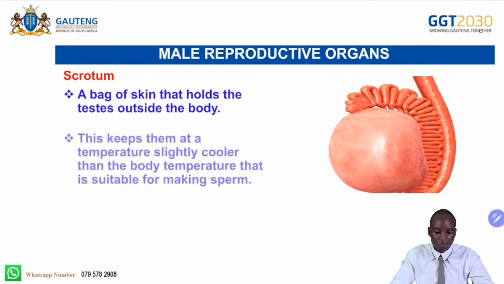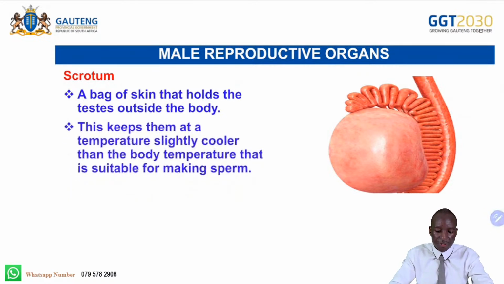Okay. Also, it keeps them at a temperature slightly cooler than the body temperature that is suitable for making sperm. Remember, we said that the testes are responsible for producing sperm, and production of sperm requires a temperature which is much lower than the body temperature. That's why the testes are located under there, so that they are not affected by the higher temperature of the body, right?